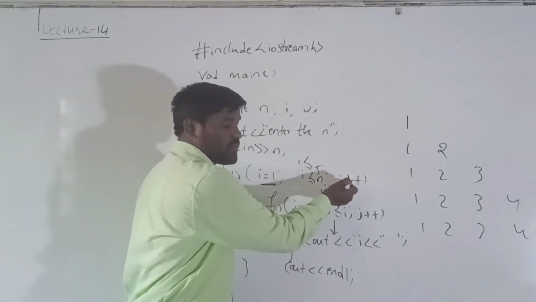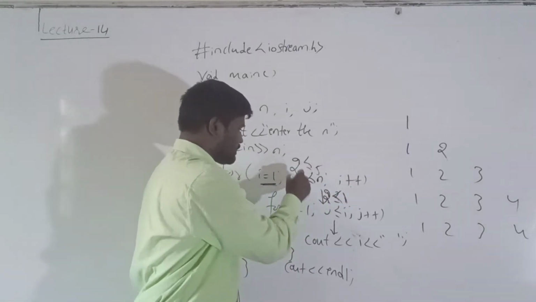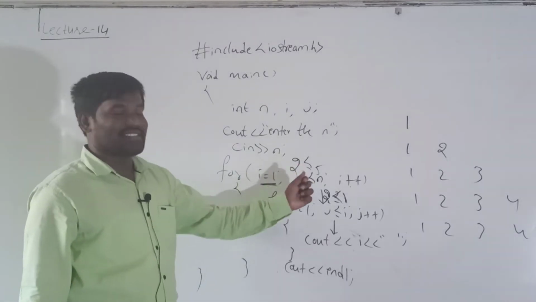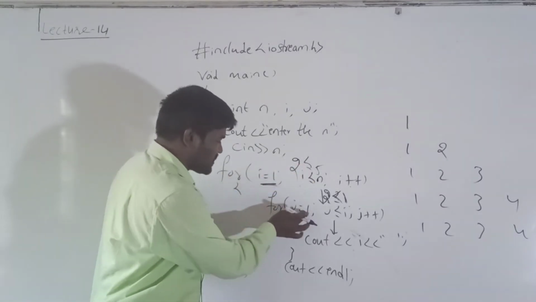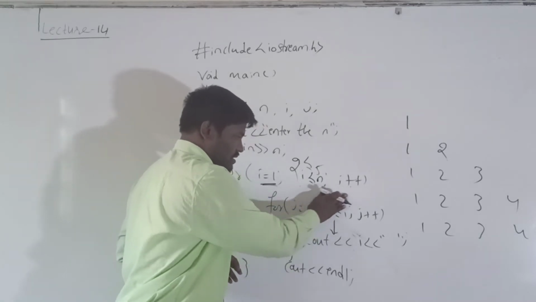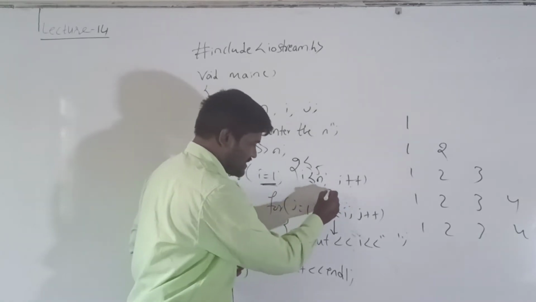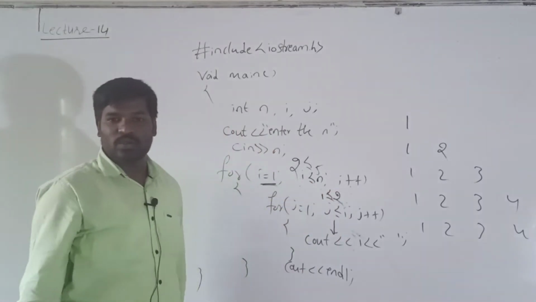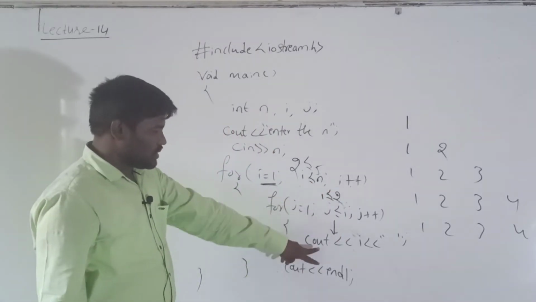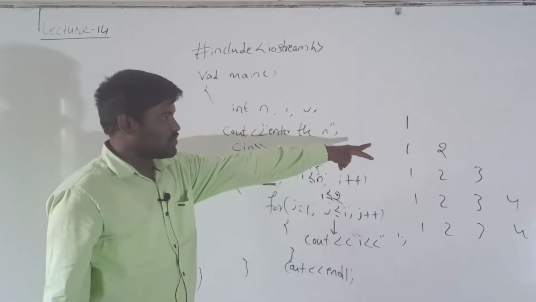Again, the outer for loop will execute, i becomes 2. 2 <= 5, the condition is true. Again, this for loop starts with 1. 1 <= i, the present value of i is 2, so 1 <= 2. Again the condition is true. So cout of i means 1.